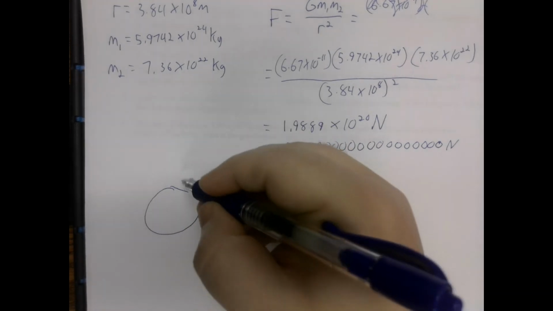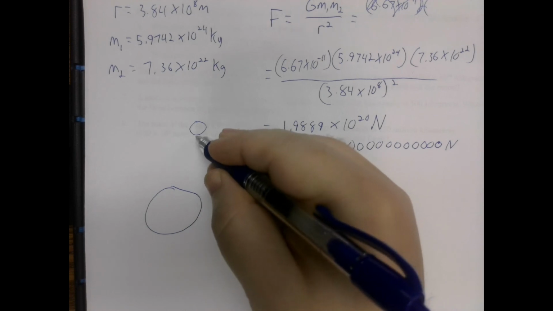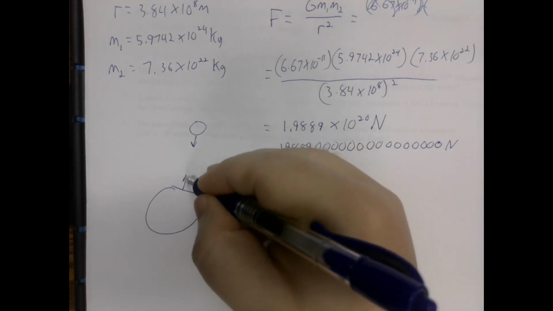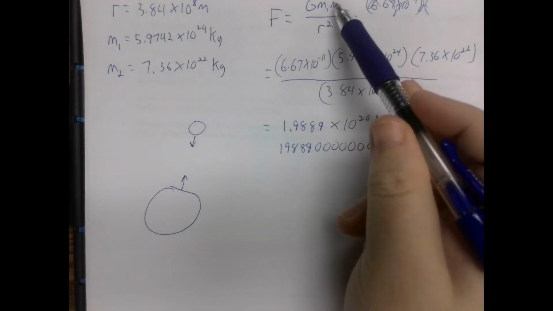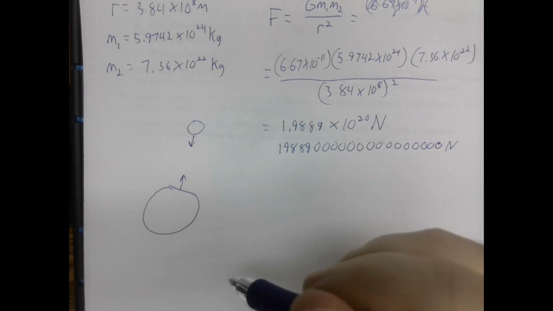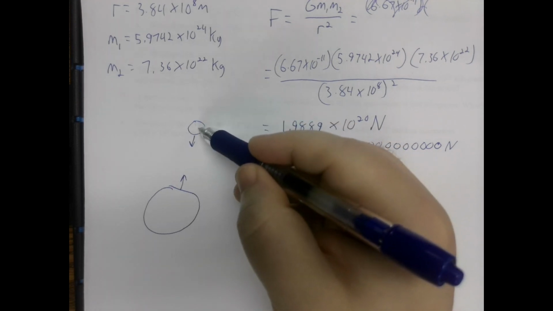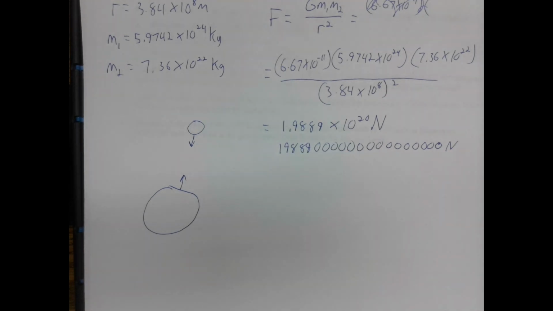So we have the Earth and we have the moon. The Earth pulls on the moon, and the moon pulls on the Earth. Which one of these is bigger? Remember that I said you can swap the masses around. It doesn't matter which one's M1 and M2. So if we calculate the force the moon exerts on the Earth, it'd be the same thing. They both pull on each other with the same force.